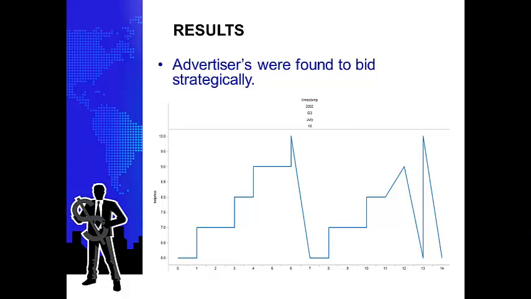Now this is the main result. The advertisers were found to be bidding strategically. Now let's see how they did it. As we can see, here's the sawtooth waveform. Suppose there are two advertisers, A and B. Suppose the first advertiser is bidding at $6, then the second advertiser's auto bidder will bid at $6.01.